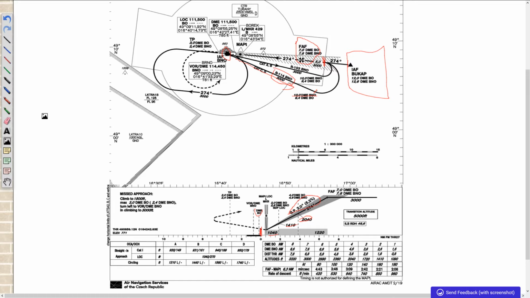Then for ILS, you have here the OCA and OCH. On the lower part of the instrument approach chart, you have the obstacle clearance altitude and obstacle clearance height.